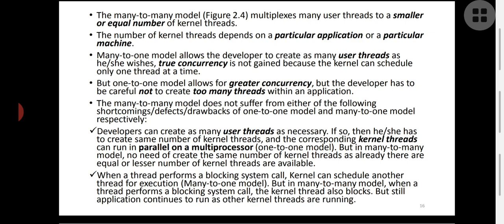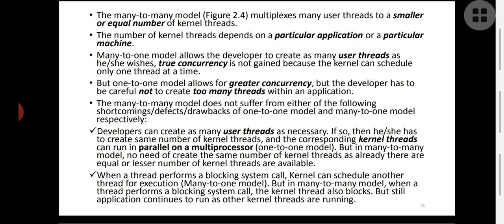Then the second drawback is a drawback of the many-to-one model. In the many-to-one model, what happens when a thread performs a blocking system call? It means that if a thread is blocked, the kernel cannot schedule another thread for execution, because there are many user threads but only one kernel thread in a many-to-one model.